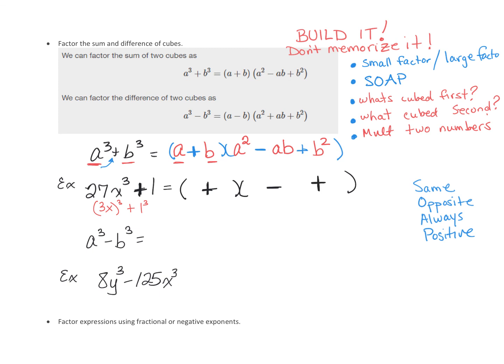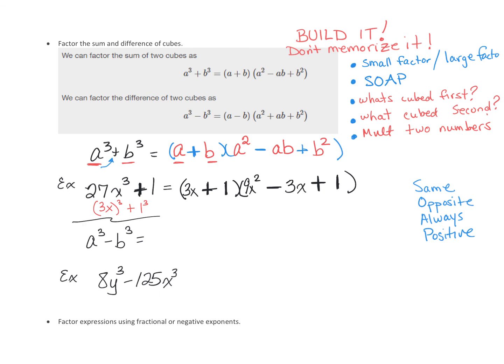Then we ask ourselves, what's cubed? Well, 3x is cubed. And then we're going to square the 3x and get 9x squared. Then we ask ourselves, what's cubed second? And that's a 1. So we'll put a 1 here, and we'll square it and put it at the end. And then we'll multiply the 3x and the 1, and we'll get 3x.